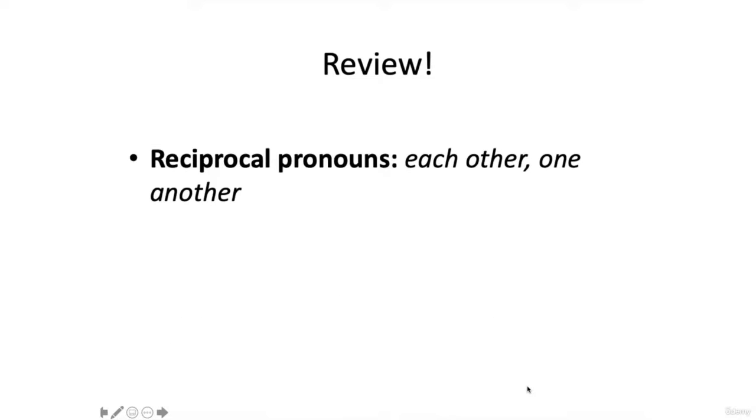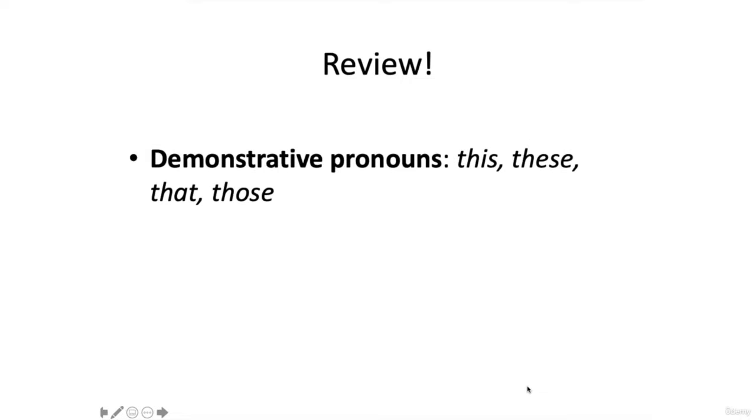The reciprocal pronouns are each other, one another, and they are used when two or more people do the same thing. For instance, they like each other. A demonstrative pronoun refers to a specific thing to indicate whether it is close or far in space and or time.